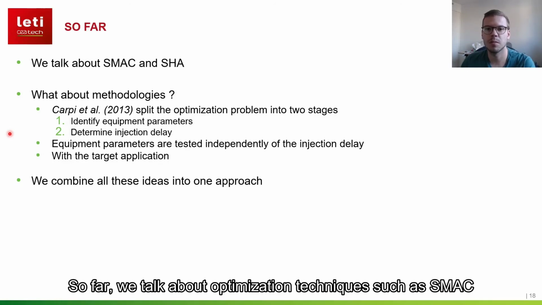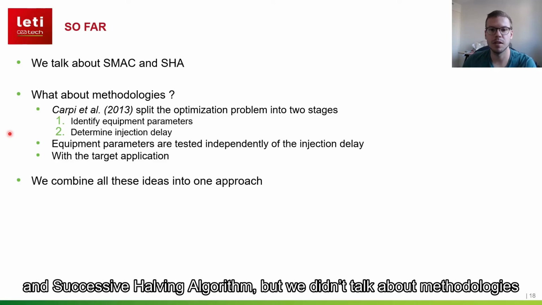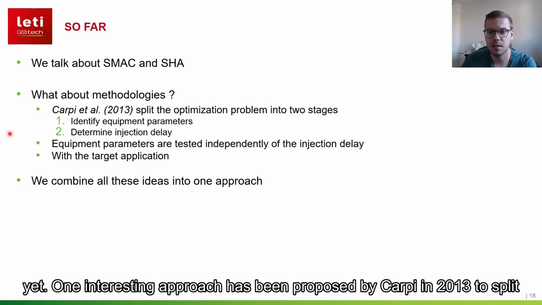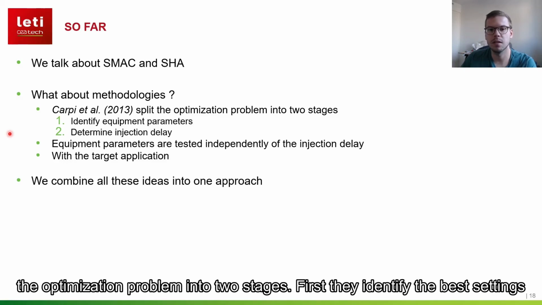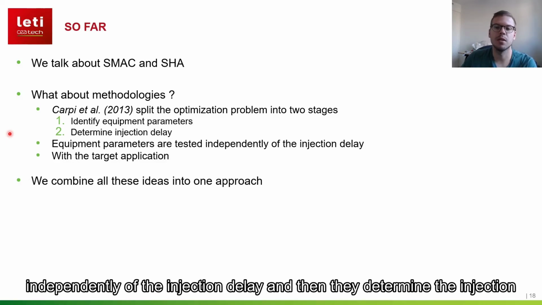So far, we talk about optimization techniques such as SMAC and successive halving algorithms, but we didn't talk about methodologies yet. One interesting approach has been proposed by CARPI in 2013 to split the optimization problem into two stages. First, they identify the best settings independently of the injection delay, and then they determine the injection delay.